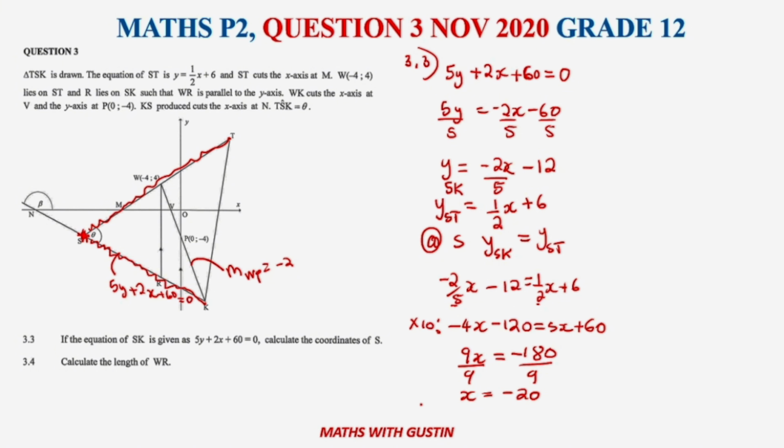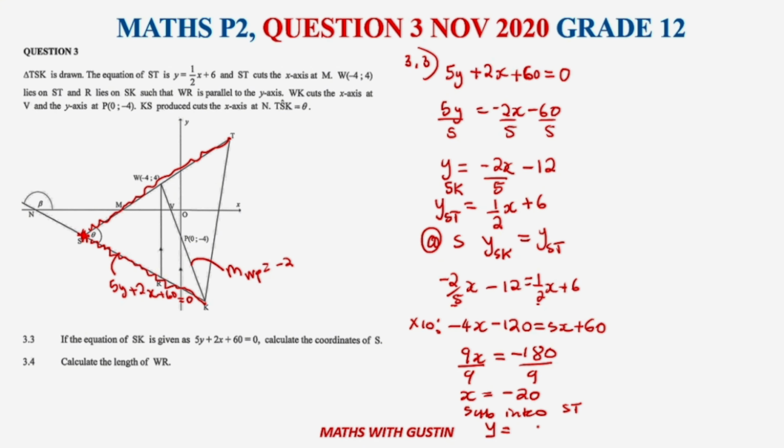All right, so with that, we can sub this x into any of the equations. I rather prefer let's sub it into the equation of SK. So when we sub it into the equation of SK, what do we get? No, ST rather.